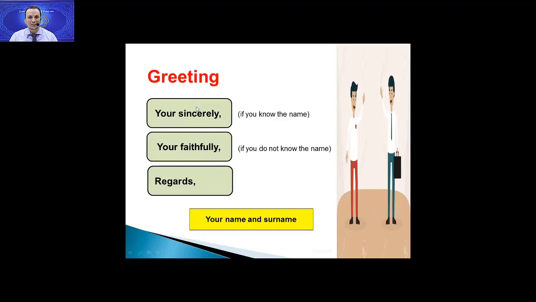Don't write "bye bye," "see you," or "write me back." Of course, that is the informal style of writing informal emails. But when we write a formal email, we have to be polite and show respect, using "Yours sincerely," "Yours faithfully," or "Regards," and then your full name.